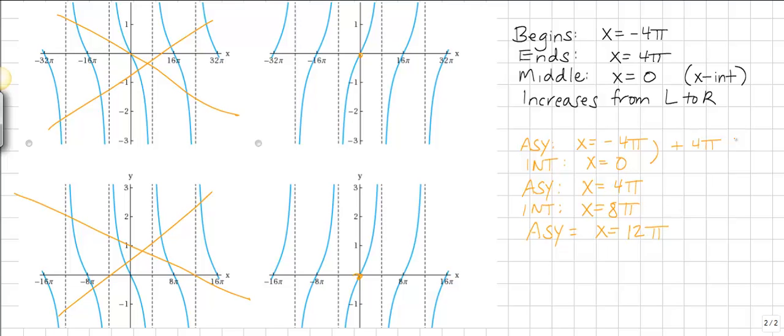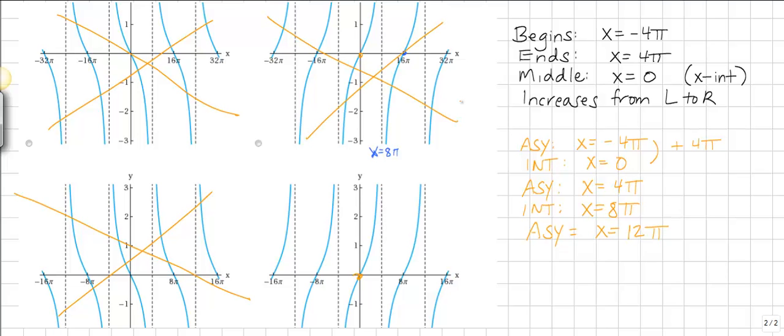All right, so now they both have 0, 0. The hallmark here is the following. If this intercept is 16 pi, then this asymptote is 8 pi, and that automatically rules this guy out.